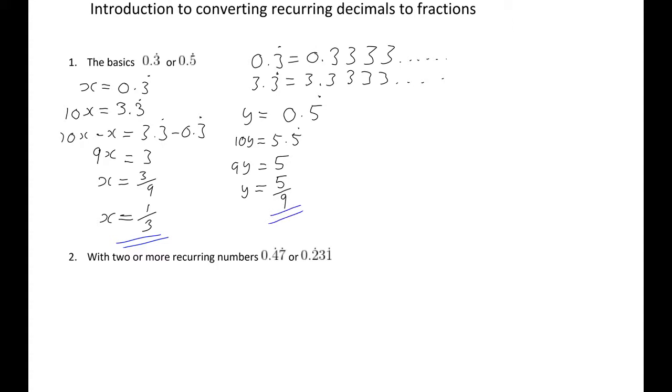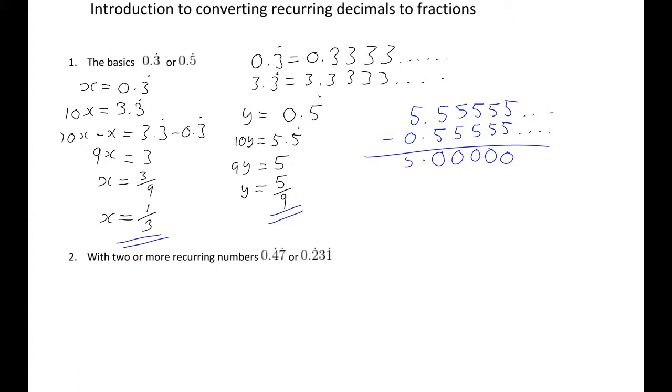And again, the reason why this became 5 is if I do 5.5555 going on forever minus 0.55555 going on forever, I could do 5 minus 5, 0, 5 minus 5, 0, and so on, until 5 minus 0, 5.